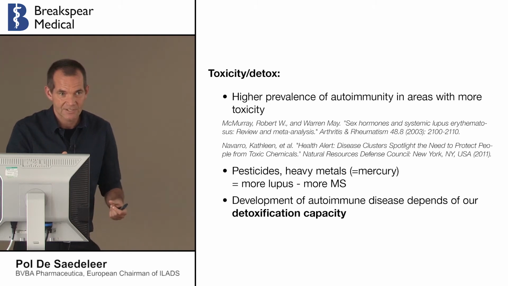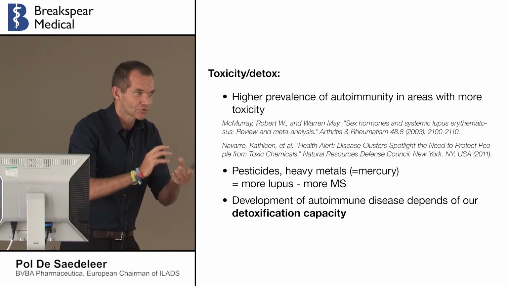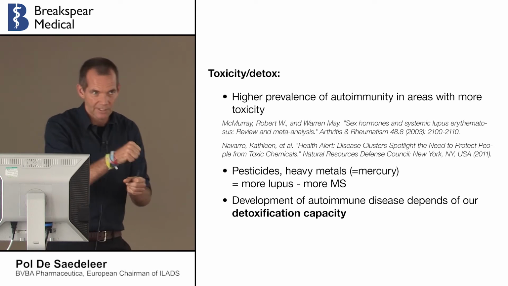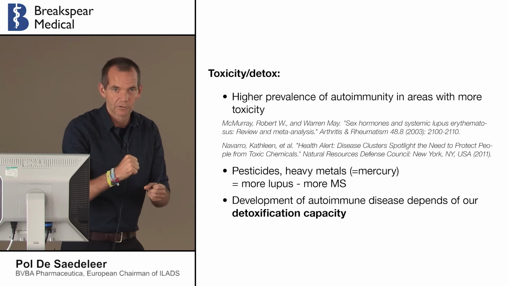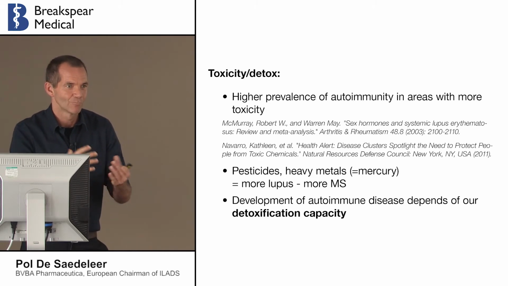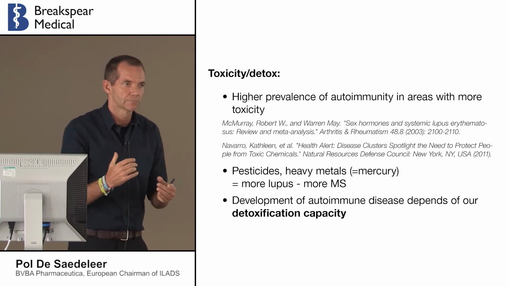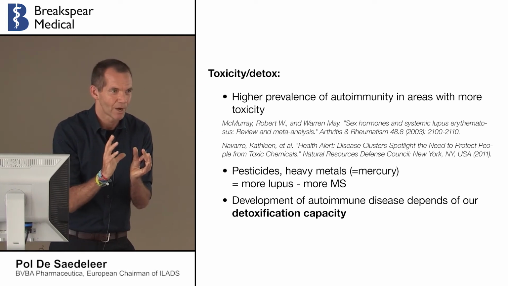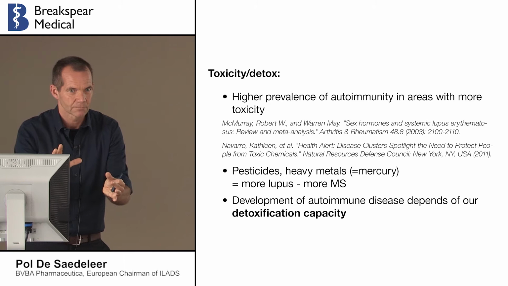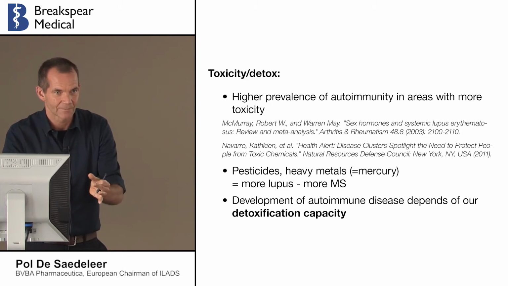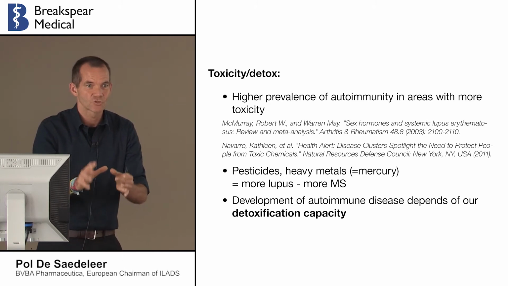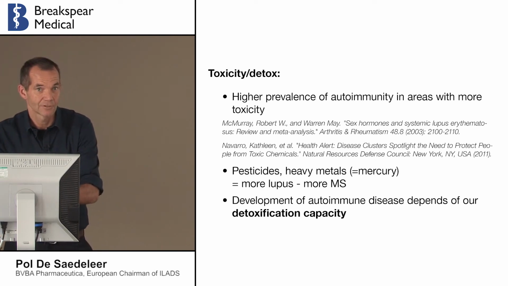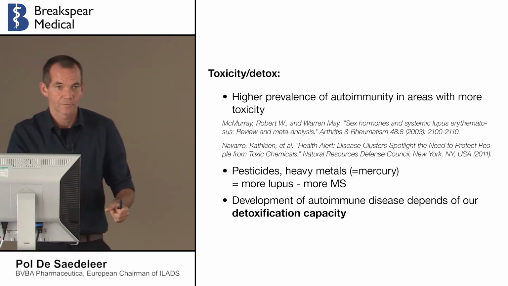In a first phase, we transform the toxin, and in a second stage, we conjugate another molecule, a self molecule, I should say, like glutathione or glucuronic acid, and so we make a water-soluble compound that we can eliminate. That's how we detoxify. And if this system is working well, then we will accumulate less toxins. This is how it works.